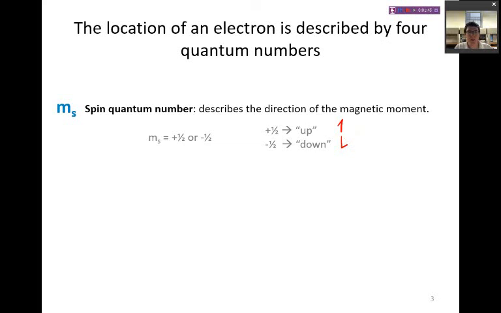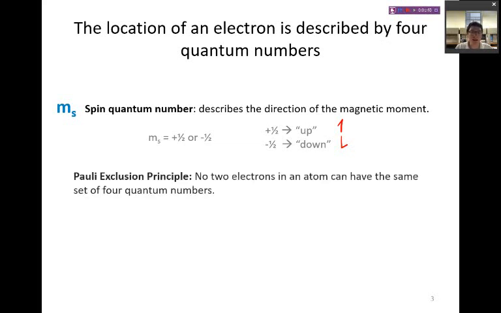This introduces our fourth and final quantum number and allows us to talk about what's called the Pauli exclusion principle. The Pauli exclusion principle states that no two electrons within an atom can have the same set of 4 quantum numbers. To review, the n value tells us about the shell.